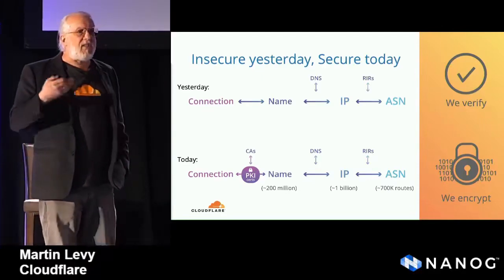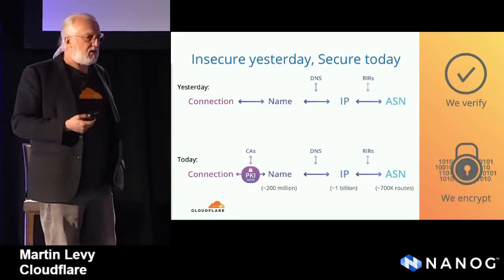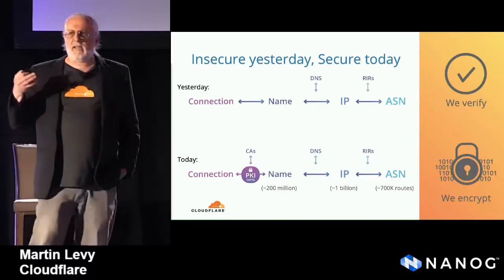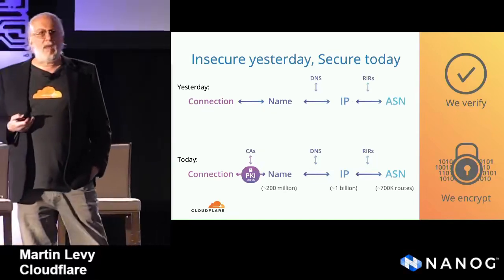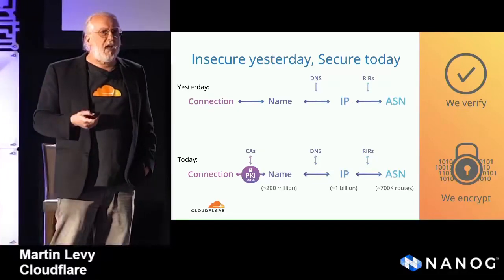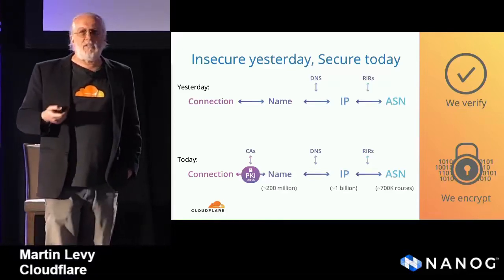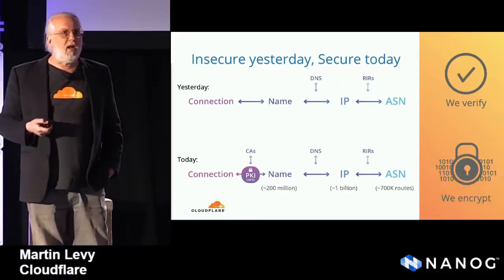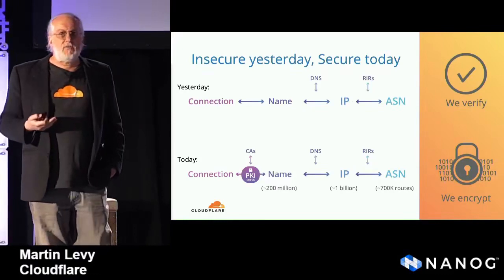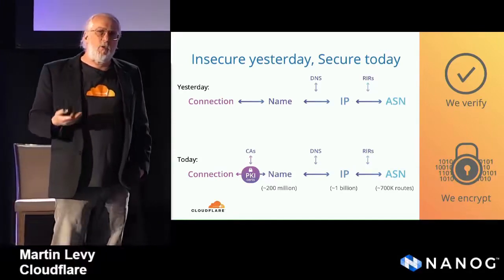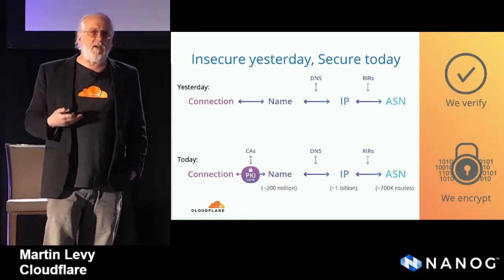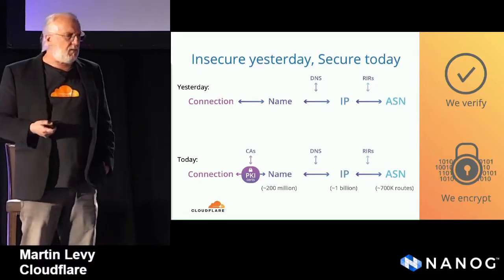We have CAs for that TLS style connection. We have RIRs and we have RPKI for ASNs and IPs. We are in a different world. We deal with encryption as the norm for our everyday use of the internet. And yet this talk is going to talk, obviously, about the lack of that at the routing level.